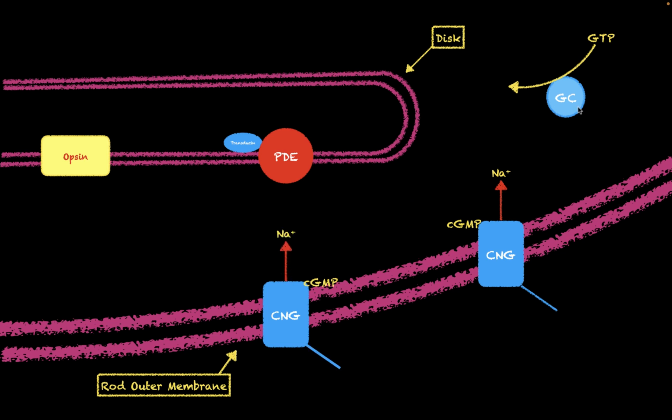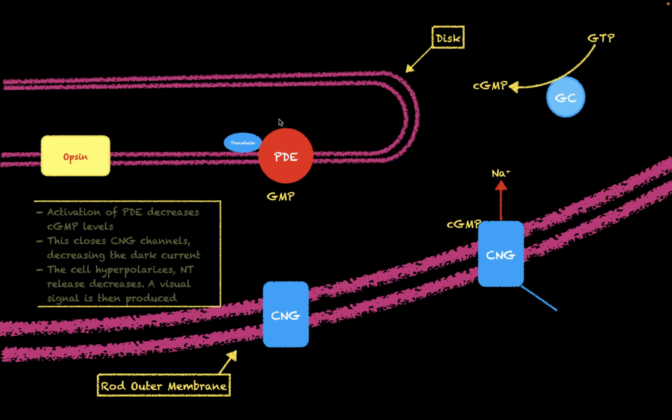Now, this is where the transduction pathway comes in. So when transducin is activated, it activates phosphodiesterase, and phosphodiesterase takes that cyclic GMP and converts it into GMP. And when this occurs, this causes the cyclic nucleotide gated channels to close. And when this occurs, the cell hyperpolarizes and then a visual signal is produced.